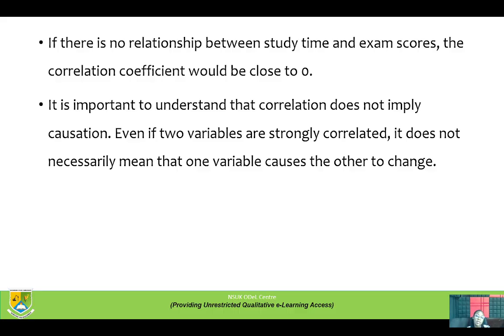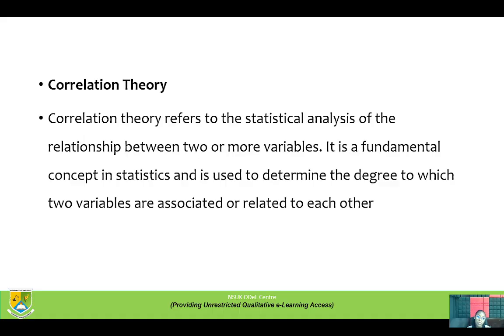It is important to understand that correlation does not imply causation. Even if two variables are strongly correlated, it does not necessarily mean that one variable causes the other to change.